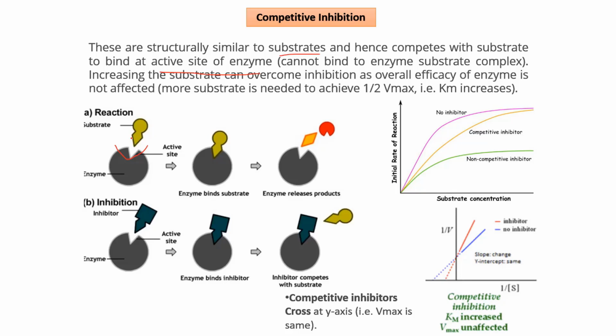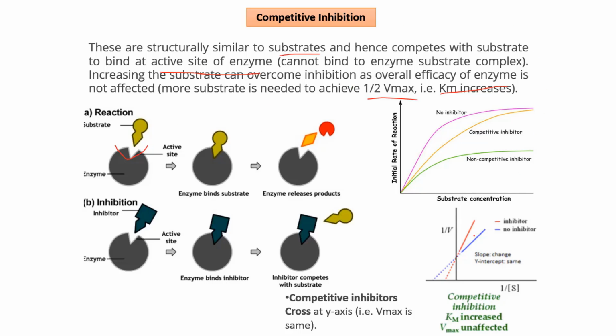Either the substrate can bind or the inhibitor can bind. Increasing the substrate can overcome the inhibition, as the efficacy of the enzyme is not affected. More substrate is needed to achieve half of Vmax and hence Km increases, but Vmax remains the same in this type of inhibition.